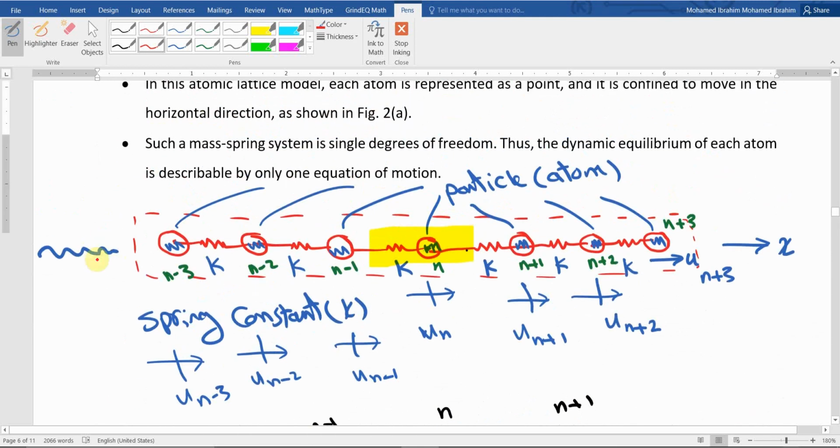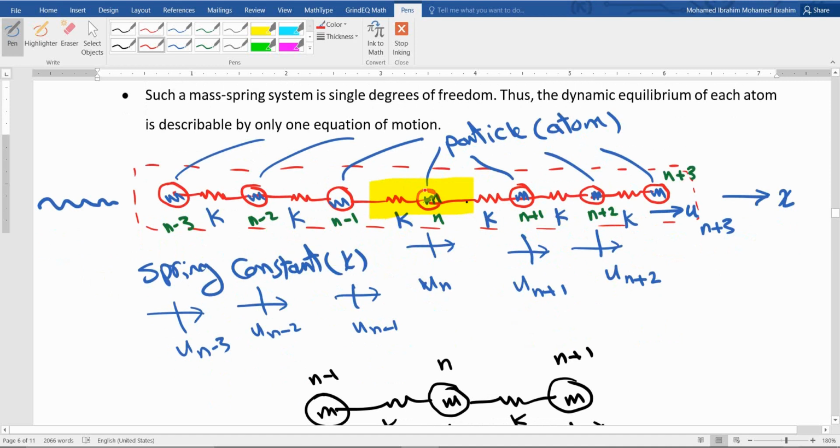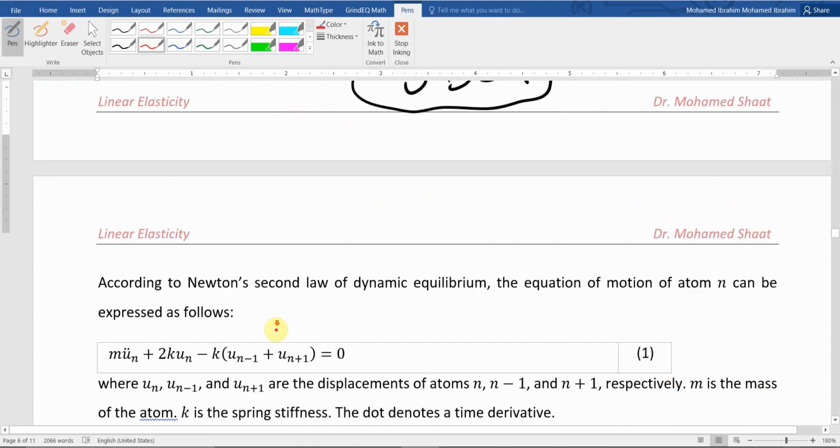If we consider that there is an incident wave, because of this incident wave this atom should be vibrating in a certain way. This wave will have a wavelength and a certain incident frequency, and we are interested in the vibration that will be produced because of an incident wave with a certain wavelength.